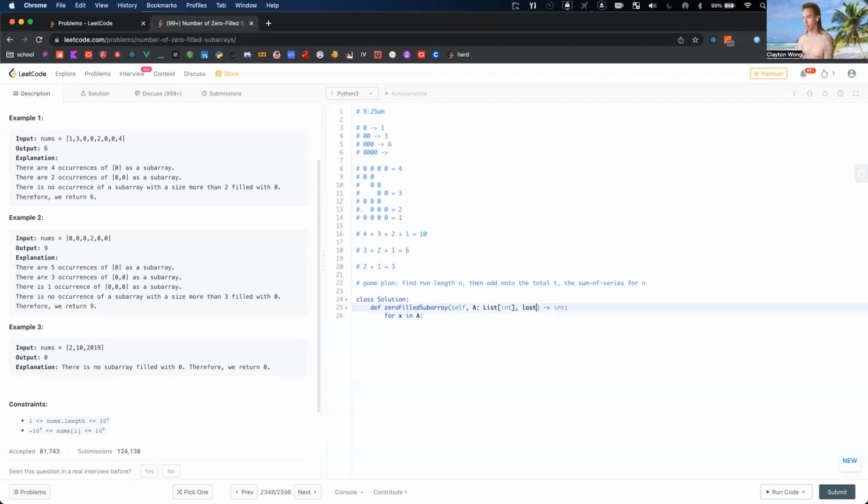All right, so last equals integer 1 billion plus 1. And then the total, which we return, is initially set to 0. Return the total in the end here. Okay, and then last, and then the run of zeros.